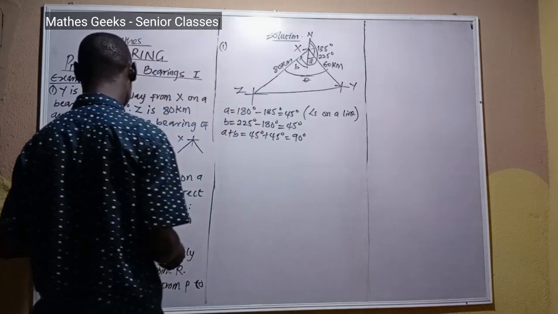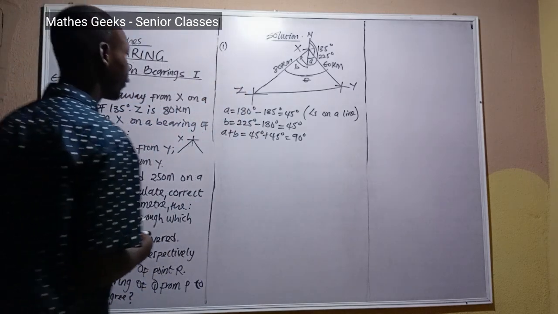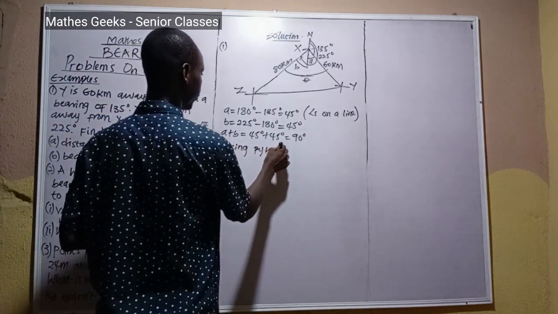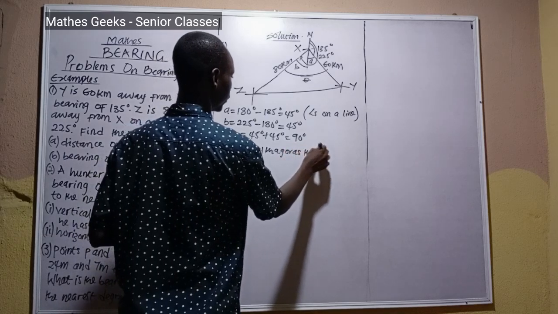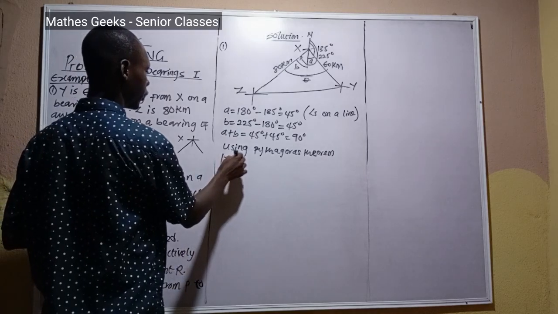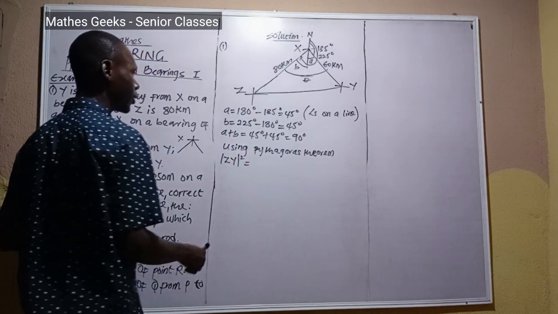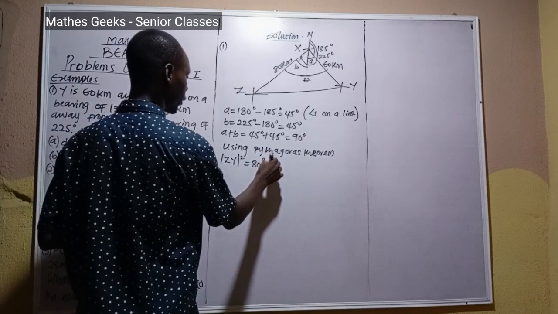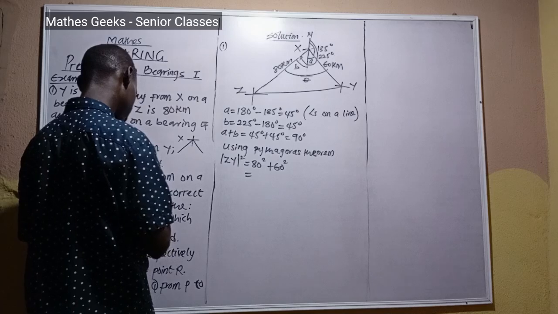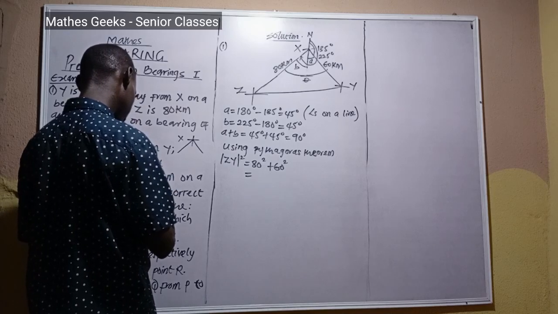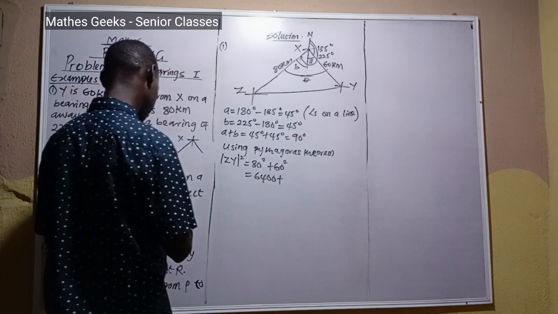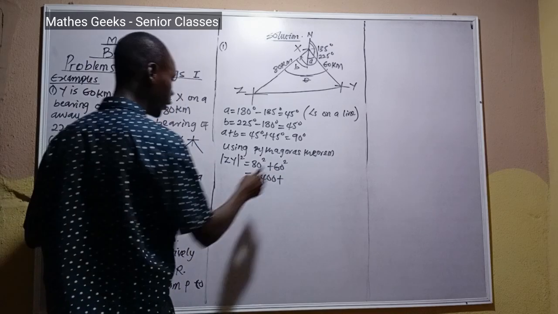Now the question says we should first get the distance of Z from Y. So using Pythagoras theorem, line ZY squared is equal to 80 squared plus 60 squared. So 80 squared is 6,400 plus 60 squared, 3,600.